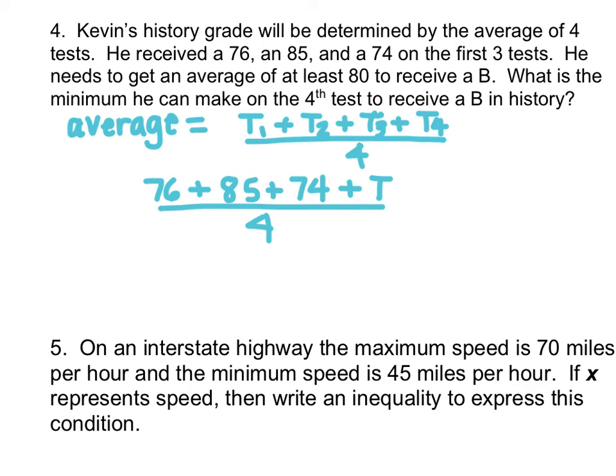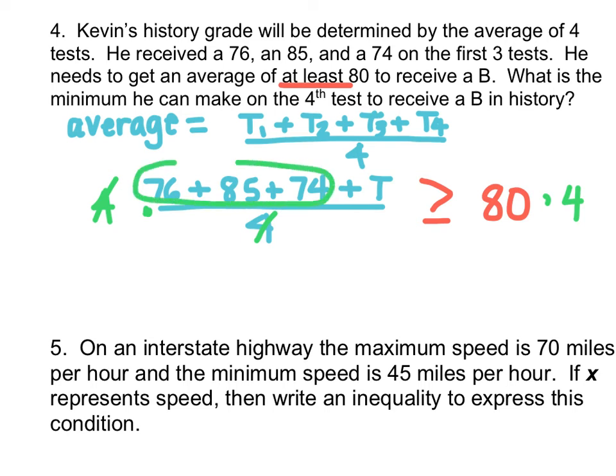Now let's talk about when we need to make at least an 80. If we're making at least an 80, that would mean that we need to make greater than or equal to an 80. Now let's solve. The easiest way to do this is to take care of that 4, cancel it out, and we'll do that by multiplying by 4 on each side.